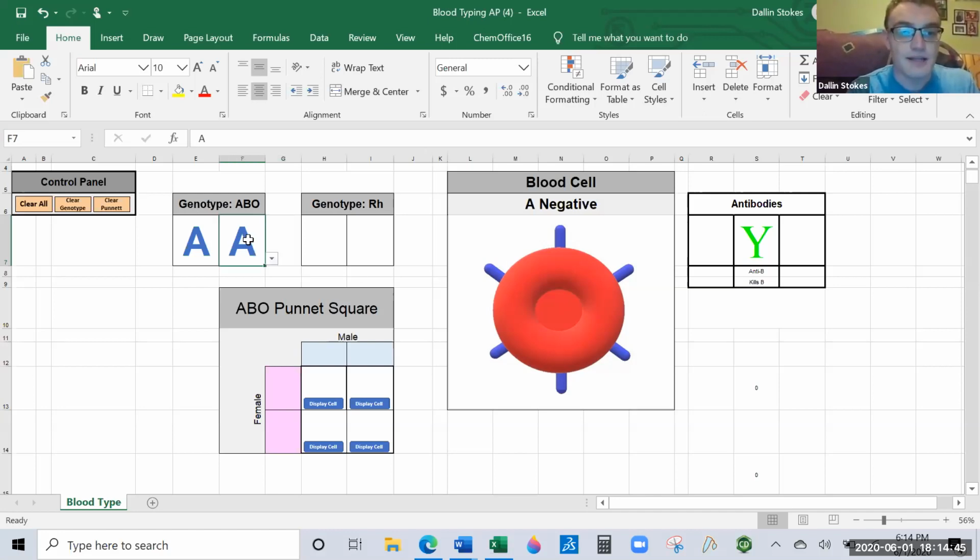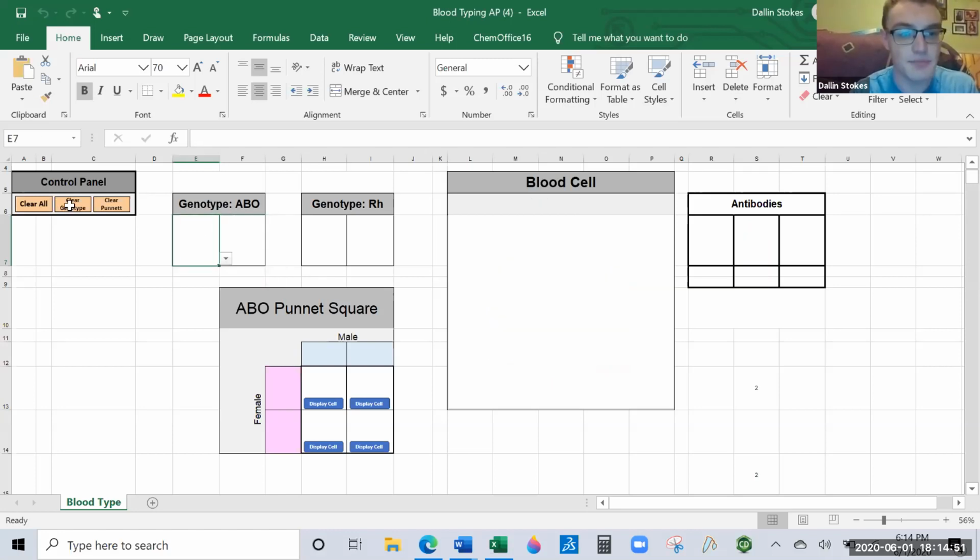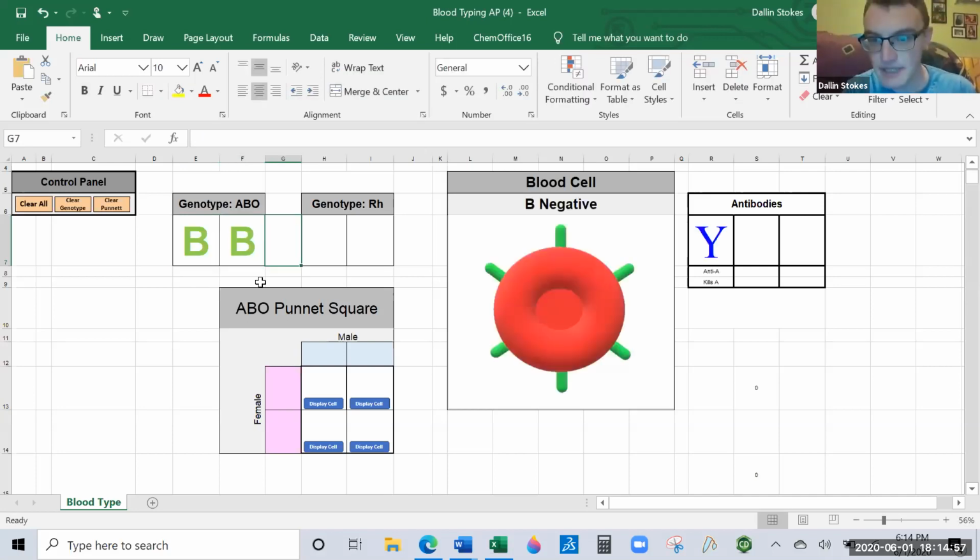Well, if we have, let's see, clear genotype, you can press that button there, that clears that. If we've got two B alleles, it's B-type. Because this B gene makes B-type sticks, and this gene makes B-type sticks.